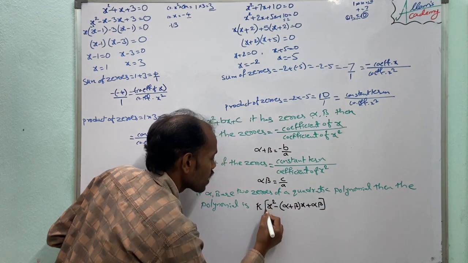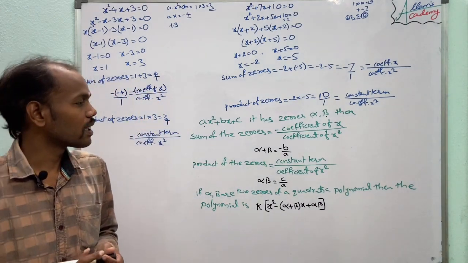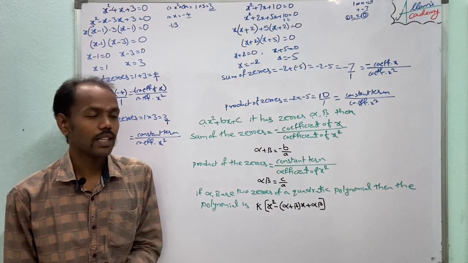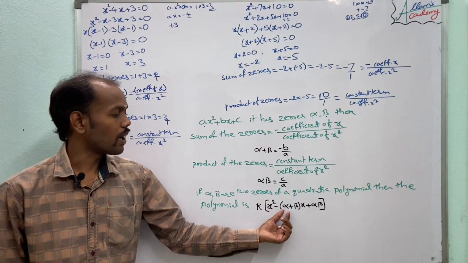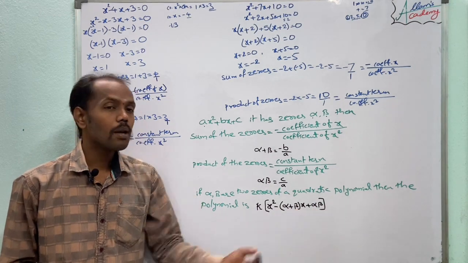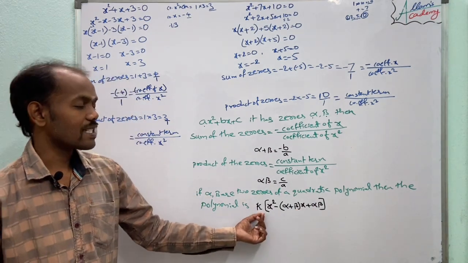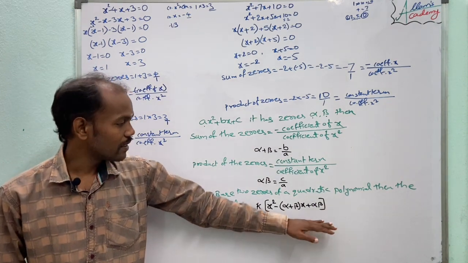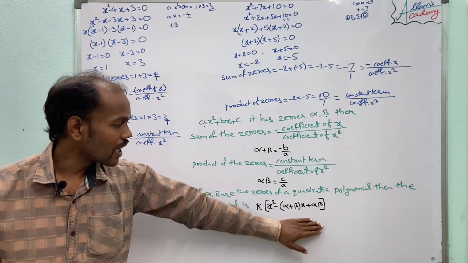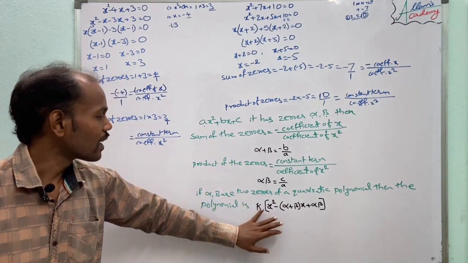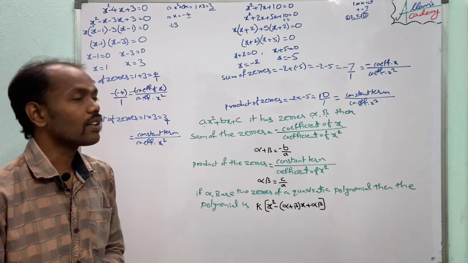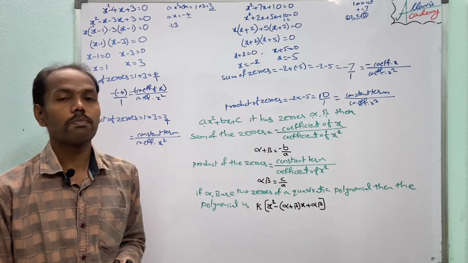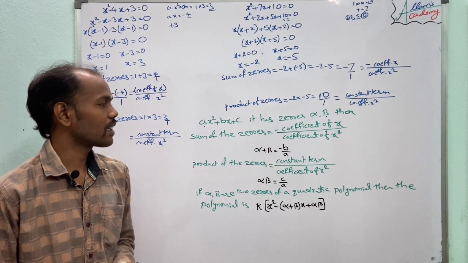It is the general form of the quadratic polynomial. Here k is a constant. We can take the LCM of the denominator as some number and cancel that constant, and again we get the polynomial in the form x square plus bx plus c. For that purpose the constant k is taken.